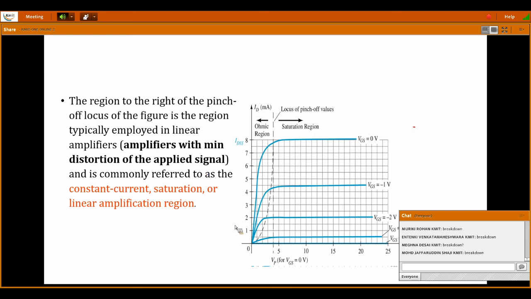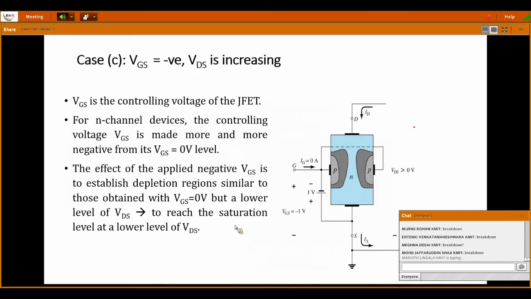So this is about our second case. Now the third case. Till these two cases, have you all understood the pinch off point, the saturation and ohmic region, breakdown region? If you have any doubts, we will clear them now itself, because for the MOSFET, everything will be somewhat like this only.